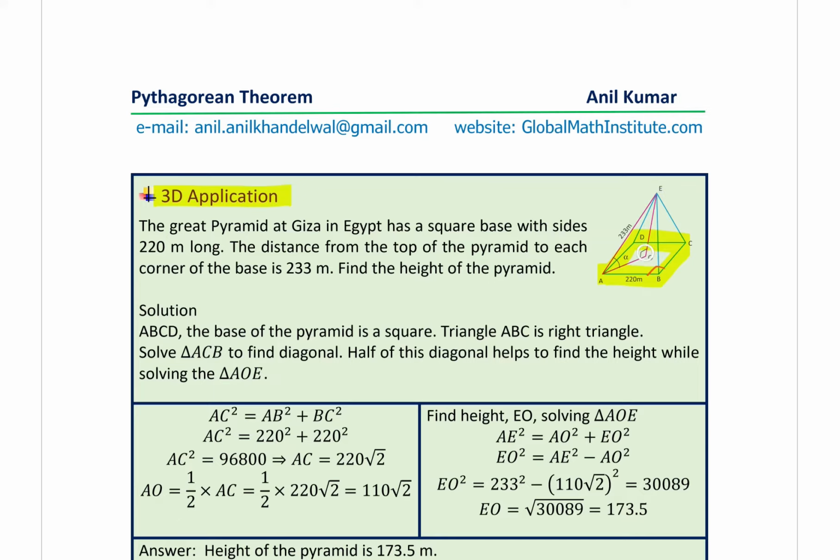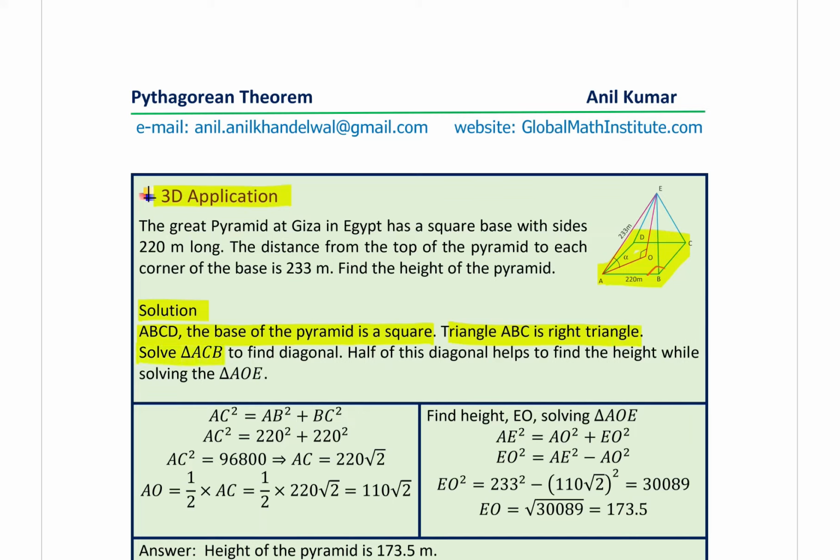How will you find it? What is the strategy to find it, right? So let's think about it. First thing is, we need to find the diagonal of the square base itself. So that is our first step. ABCD is the base of the pyramid, and that is square. The triangle ABC is a right triangle, as you can see, since that is a square, right?